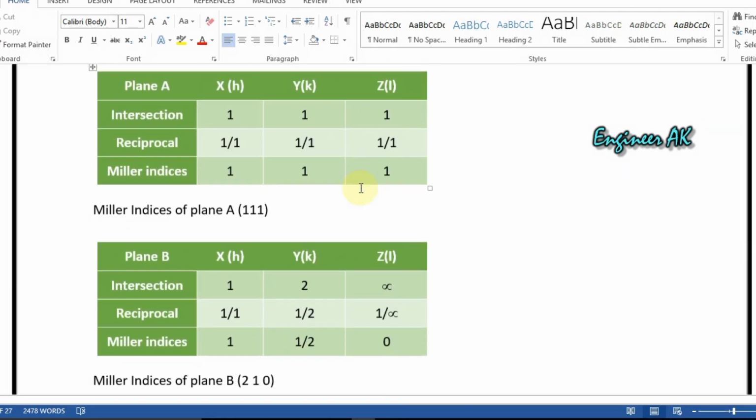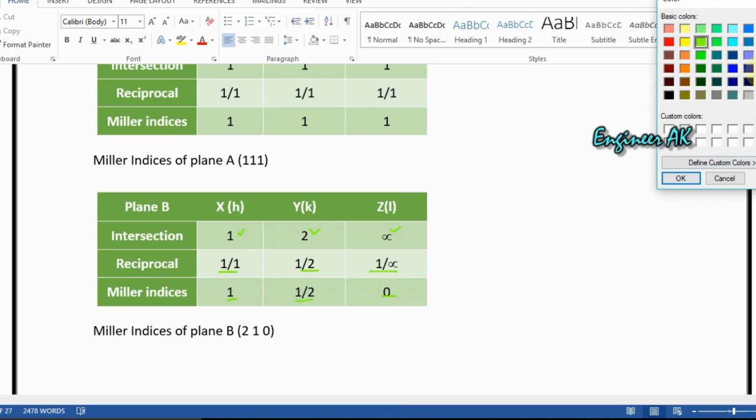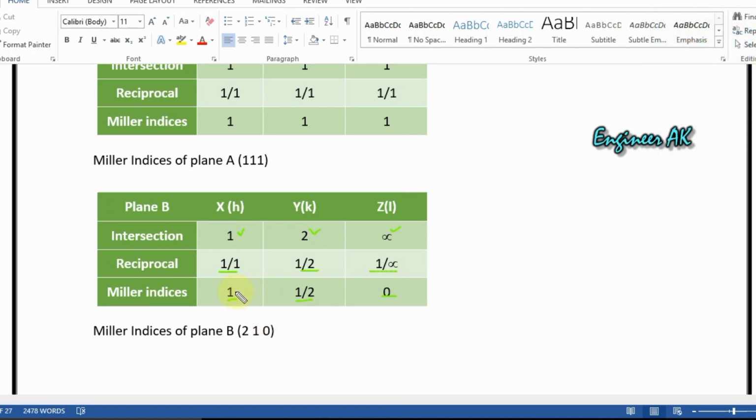Let's see the table. So here 1, 2 and infinity. Then again taking the reciprocal, 1 over 1, 1 over 2 and 1 over infinity. So it gives 1, 1 over 2 and 0. Then, as I told you, try to remove the fractions.